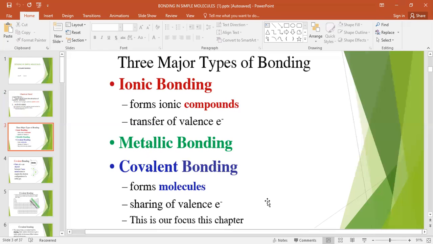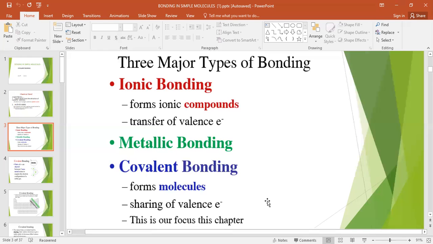When they want to form a chemical bond, what happens? First, they will share electrons and overlap each other. Both atoms overlap with the shared electrons, one from the first shown as a dot and one from the other as a cross. When they share the electrons, they form a chemical bond, and this type of bonding is known as covalent bonding.